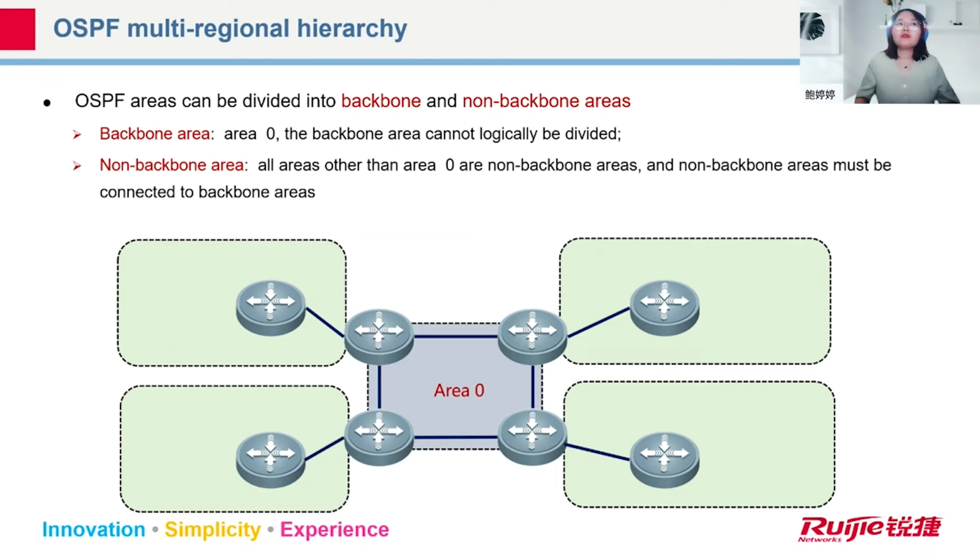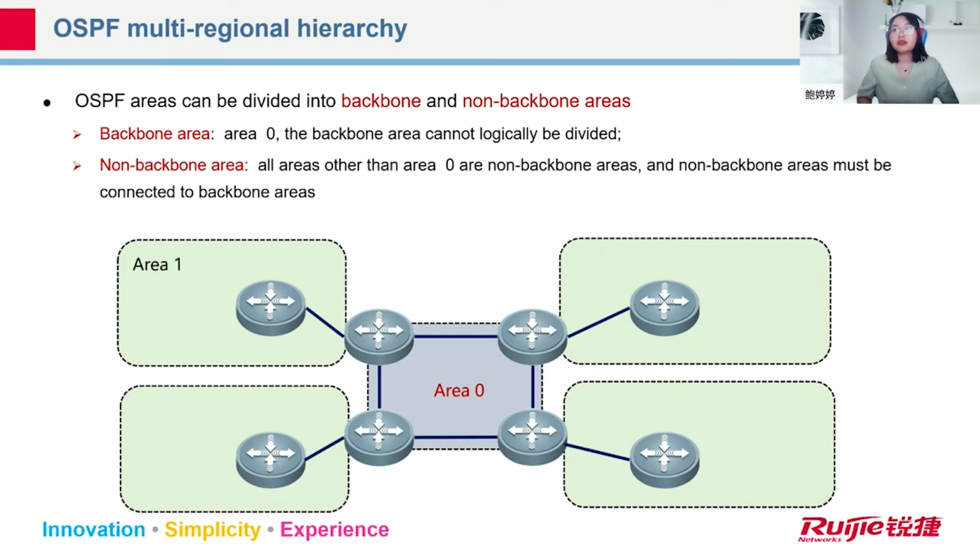Like this area becomes area 0, and the other area IDs are non-backbone areas. All areas other than area 0 are non-backbone, and a non-backbone area must connect to the backbone area. Maybe you connect it physically, or logically, using some technology.